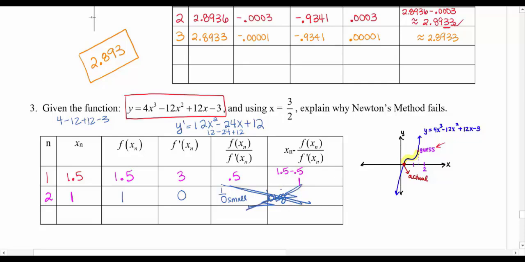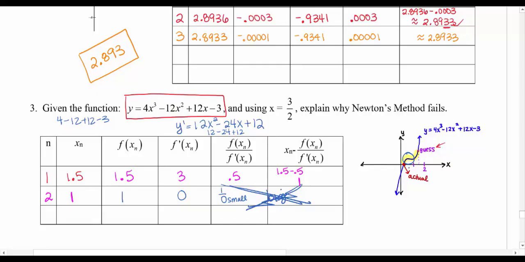So what happened was, oftentimes if our actual is too far away from our guess, or if we have a turning point, which I do, in between there, it might not give me the results that I want. Now, if my actual was in between 0 and 1 like that, and I'm guessing something like 1.5, I'm pretty far away.